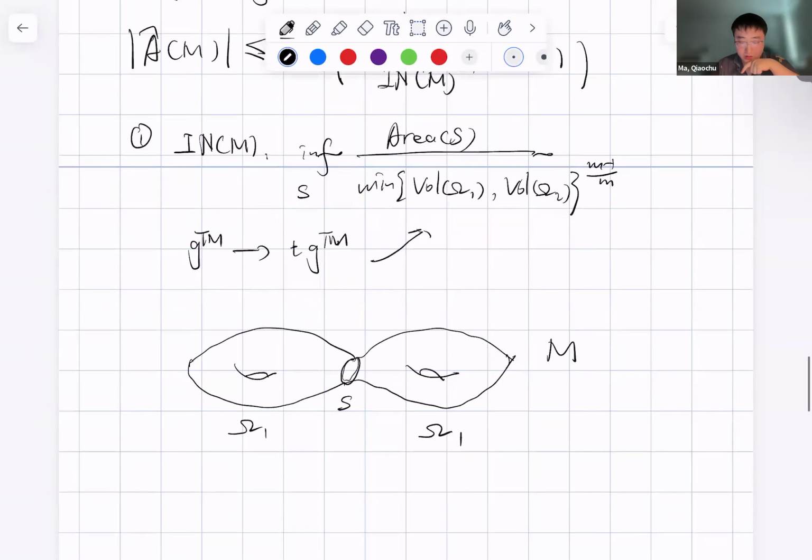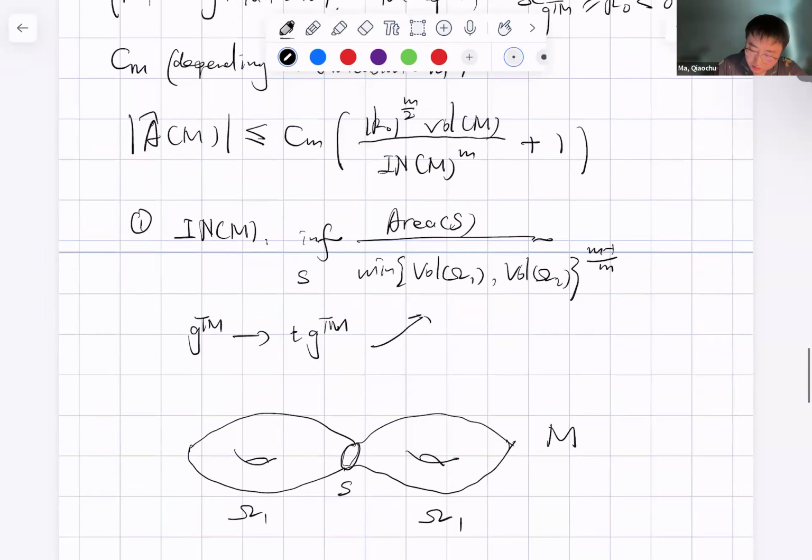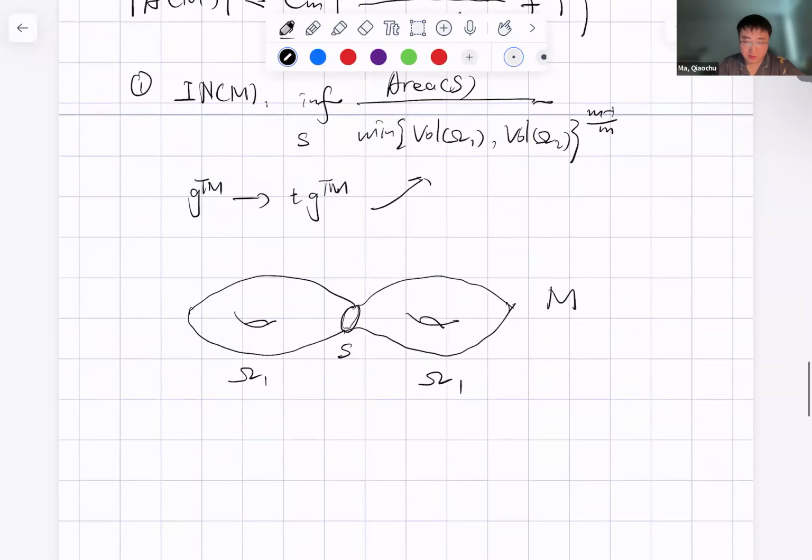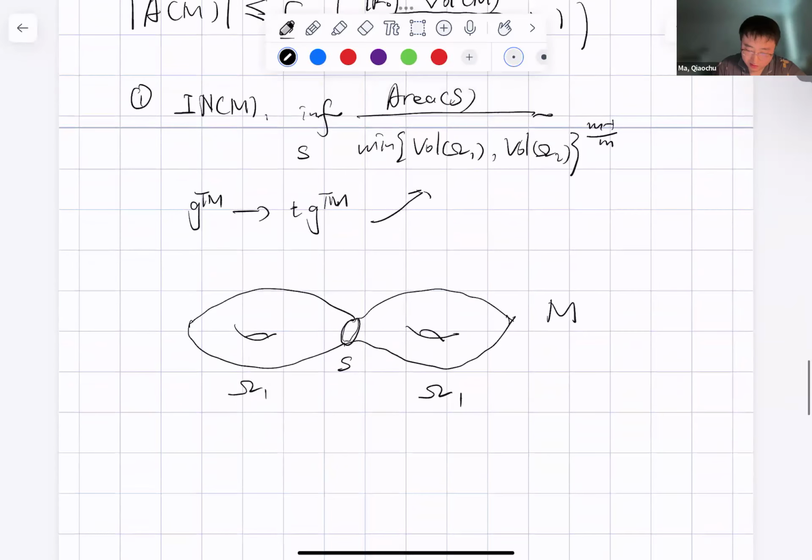Okay, it is in the denominator. So if you want it not too small, it means that this manifold doesn't have a very long neck. So we abandon this, throw away.